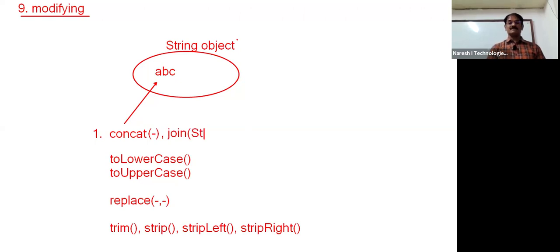Join of string character or string delimiter, comma, object where or char sequence where. I think char sequence. We'll see that. I have a doubt here.